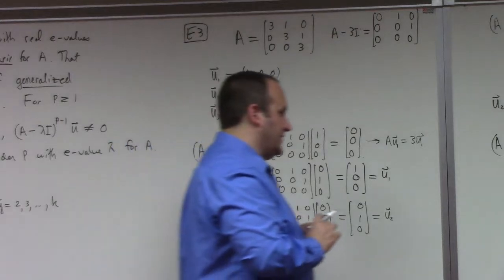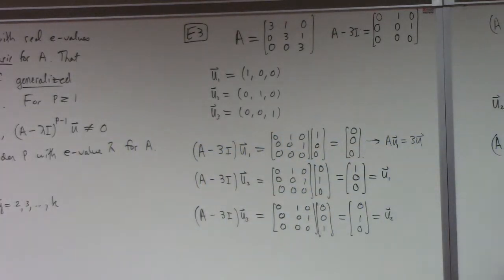But on the flip side, A minus 3I squared times U3 is U1, which is non-zero. So U3 is a generalized eigenvector of order 3 for eigenvalue 3.